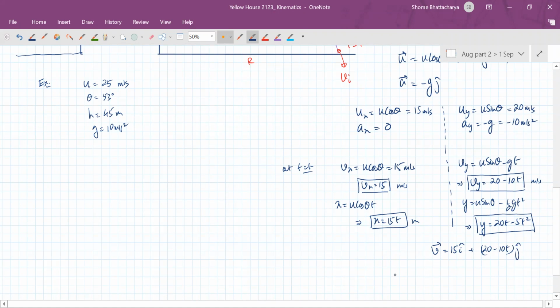So that is one thing done. Now next, we want to find the time, the range, and the impact speed.